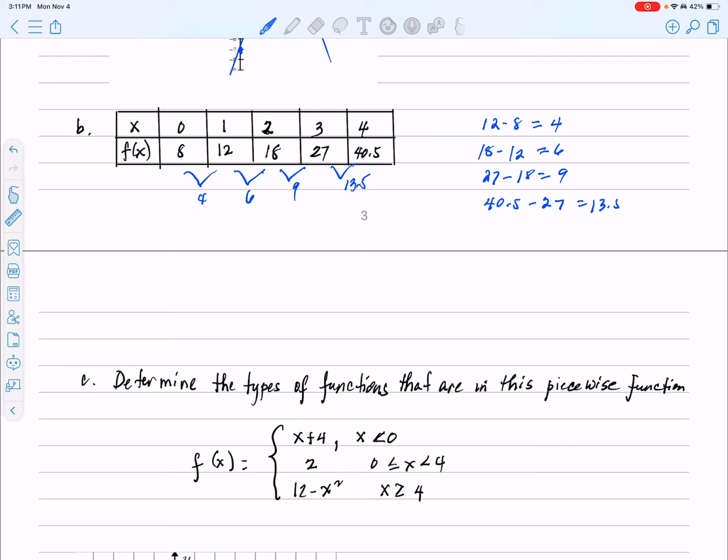An exponential function has a constant percent rate of change. Remember in the characteristics of exponential, it has a constant percent rate of change.